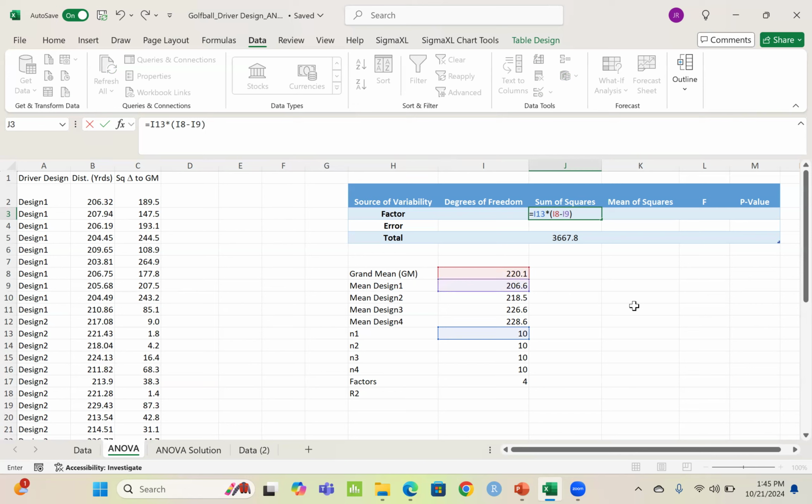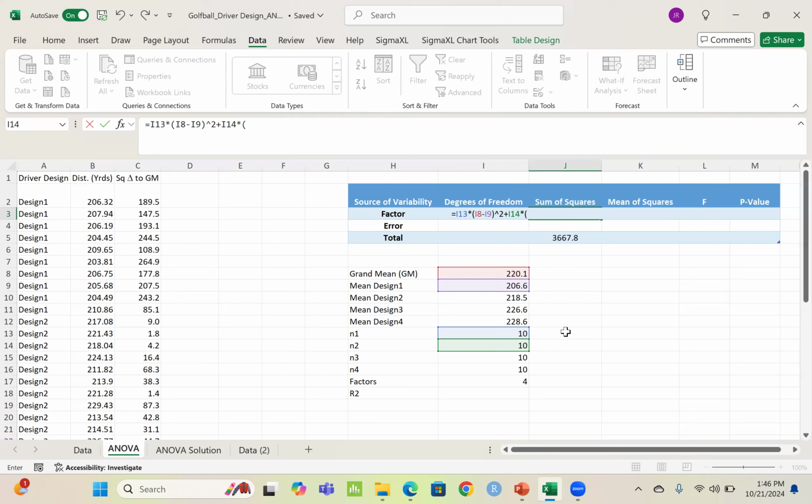Remember that we're squaring this difference. Then I'm going to add how many data points I have here times, and 10 is going to be a common factor, but I'm keeping it like this because you can have different values of n, and it is best to probably keep it like this at some point if you're setting this up for future reference.